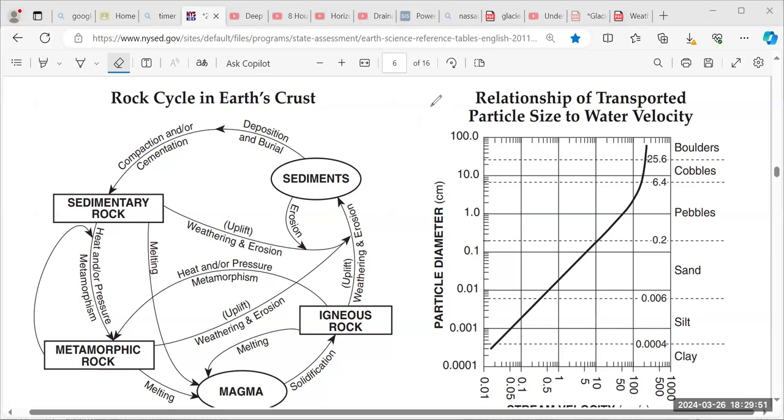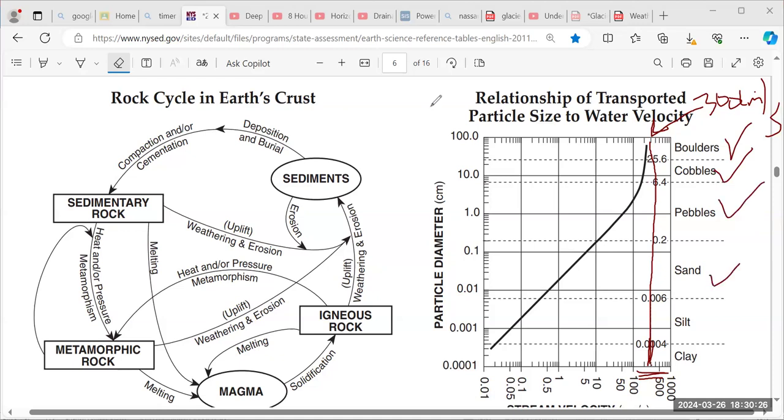When the stream was moving 300 centimeters per second, if this is 100, each line goes up by 100, so 300 is here. I know my line's not straight, but at that point it's 300 centimeters per second, which lets me know I can carry everything.